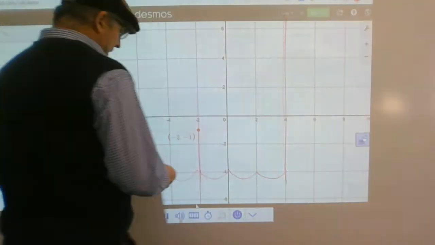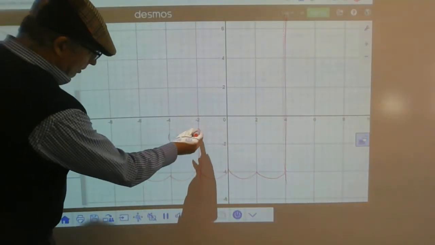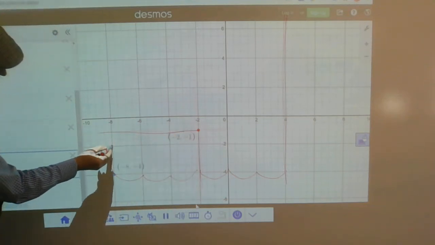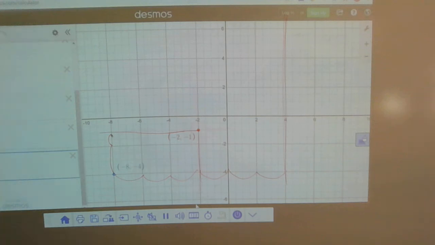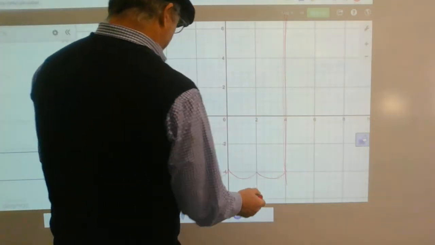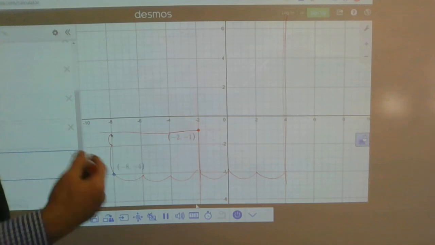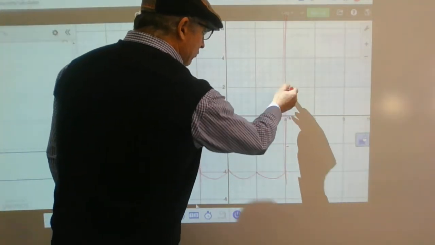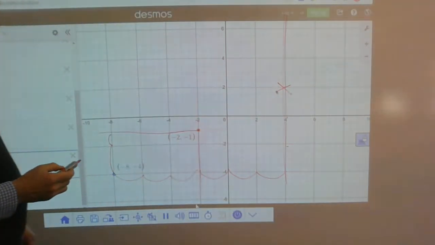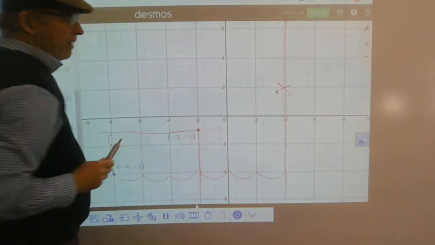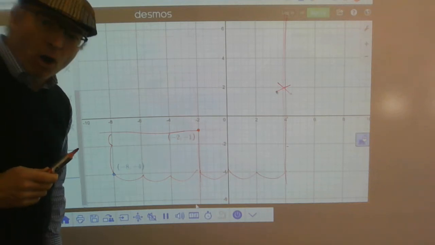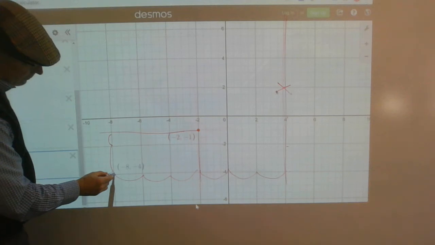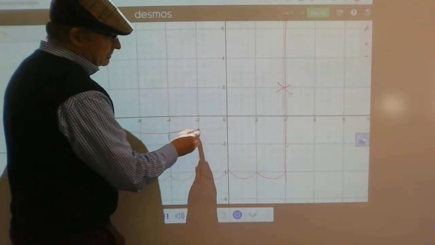And same with vertically, we had to jump up 1.5 to get to there, so we're going to have to jump up twice that. So 1, 2, 3 to get to our new point. So the point 4, 2 must have been the other end point of the interval if that point is the point in the middle.